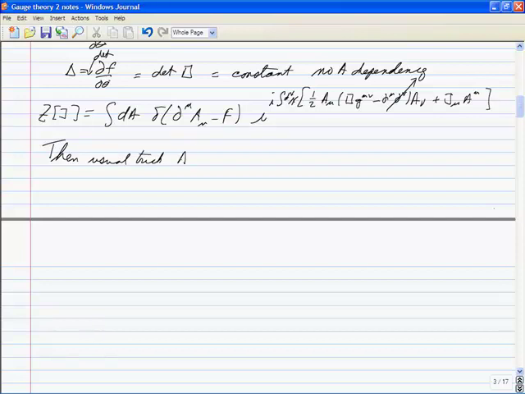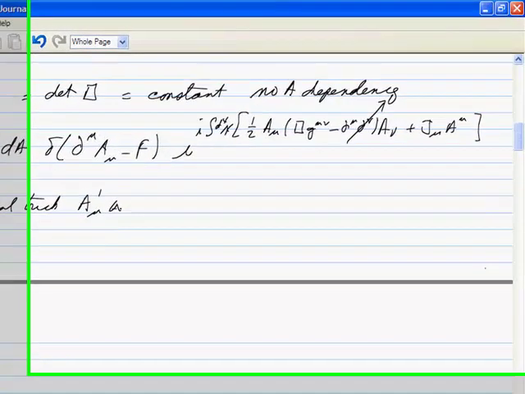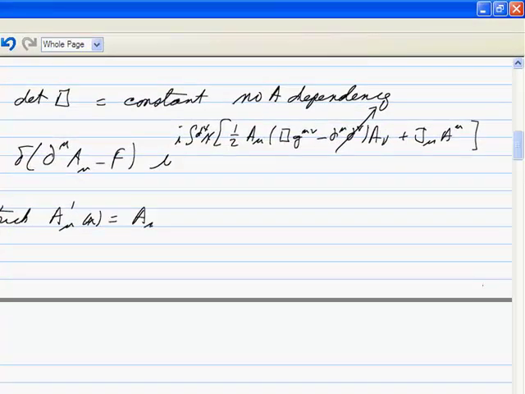We shift A prime mu of x equals A mu of x plus integral d4y D F mu nu of x minus y J nu of y.